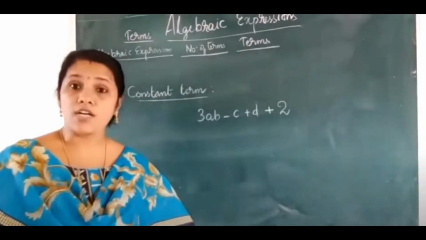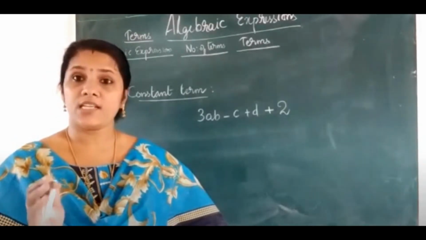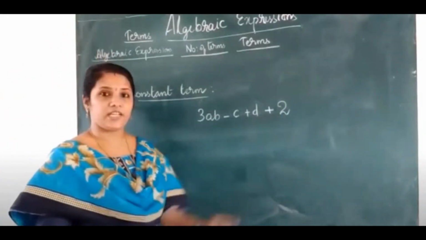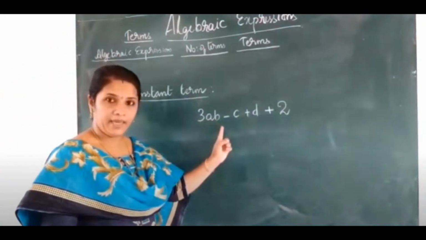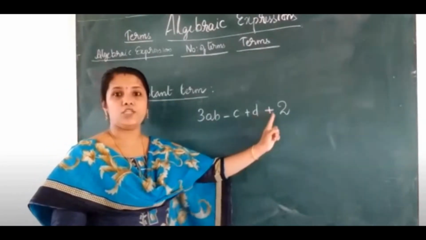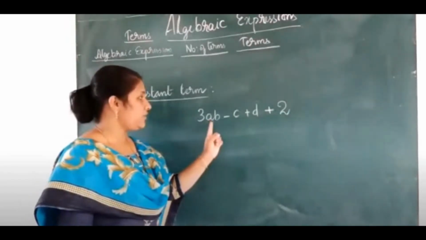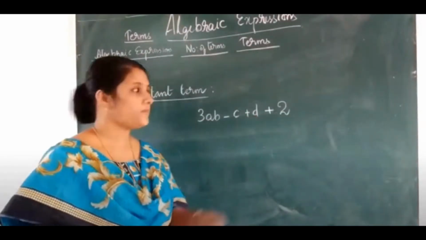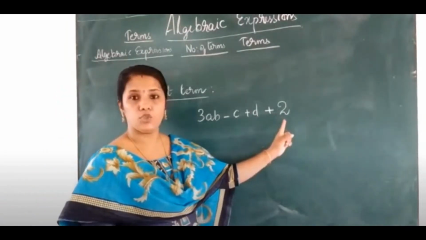Next is the constant term. What is a constant term? Look at this algebraic expression, 3ab minus c plus d plus 2. In the first three terms, you can see the variables. And what about 2?